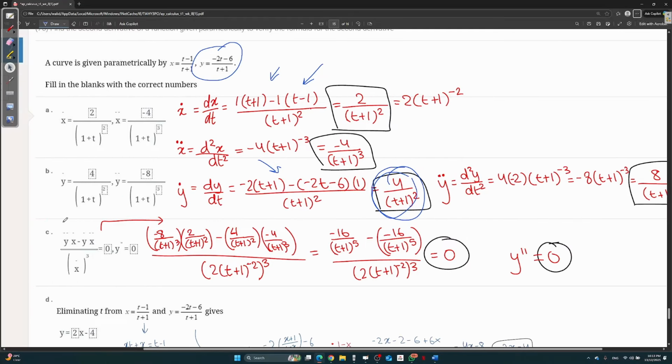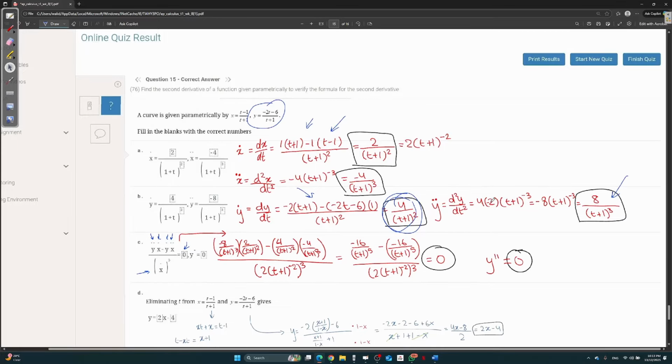Now part C, they're saying y double dot x dot minus y dot x double dot over x dot cubed. You need to fill out what that equals. Basically, you need to actually do it. Now y double dot, we got it as this, times x dot. What's x dot?